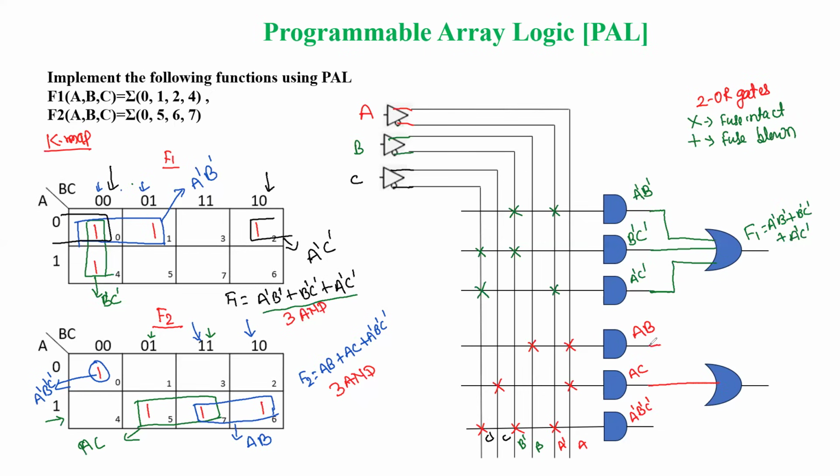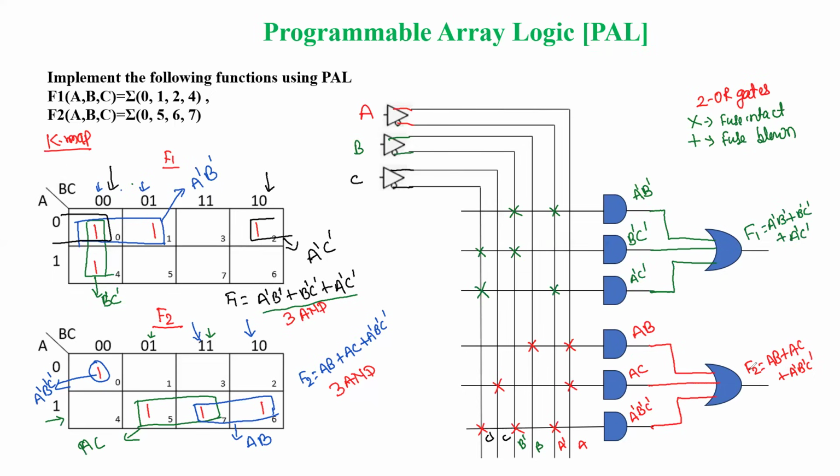So like this we connect. Again A dash, B dash, C dash, the third product term, we are connecting. So finally we get F2 here. This F2 is AB plus AC plus A dash B dash C dash. Like this we are able to implement the given functions with the help of programmable array logic.